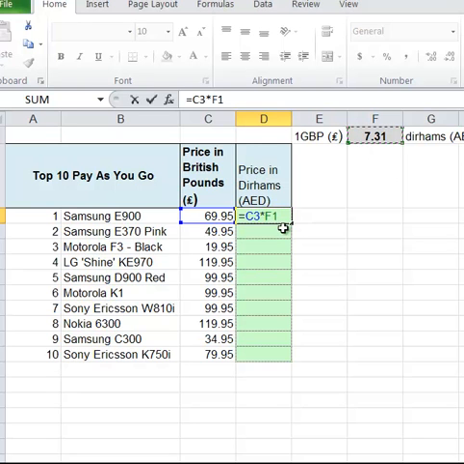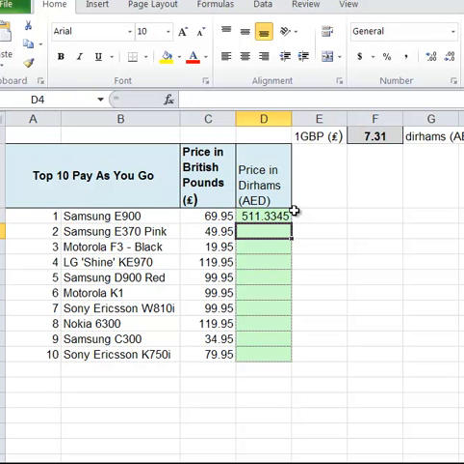Now if I press enter here, I'll get the conversion, or the price of the mobile Samsung E900 in dirhams. And if I use the autofill option, then the next cell will be the multiplication of cell C4 times F2, and because we don't have any value in F2, it will be 0.